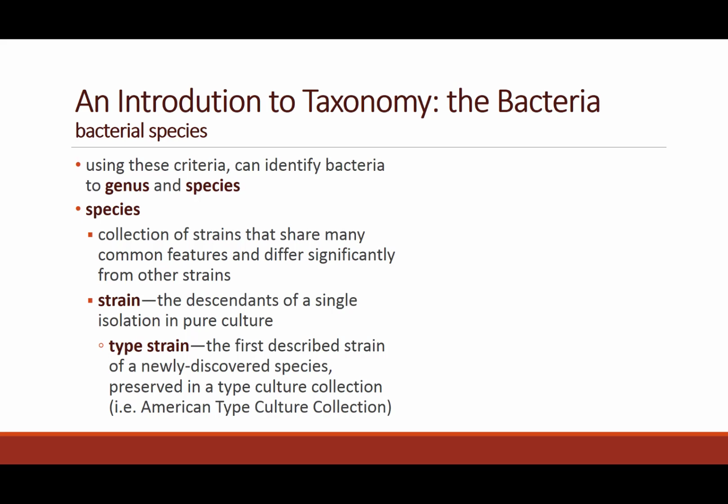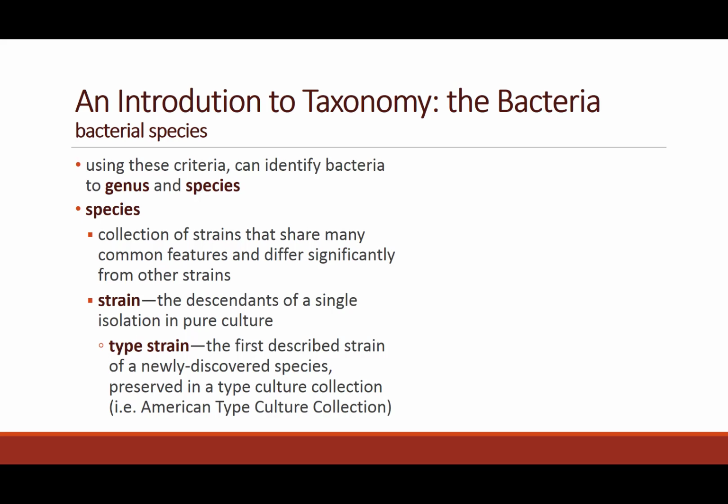So a species, then, is the collection of strains that share many common features and differ significantly from other strains. So the kind of two levels of criteria. First, any strain that, and we should probably identify what a strain is.